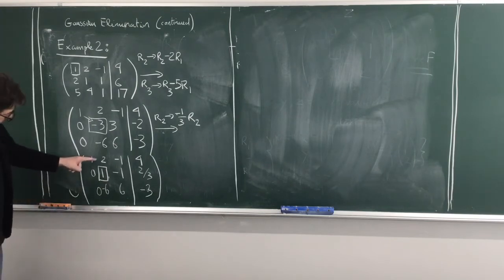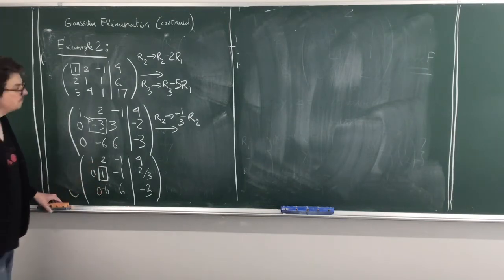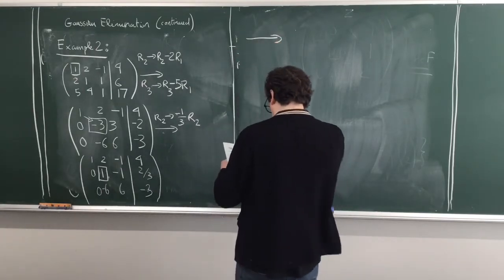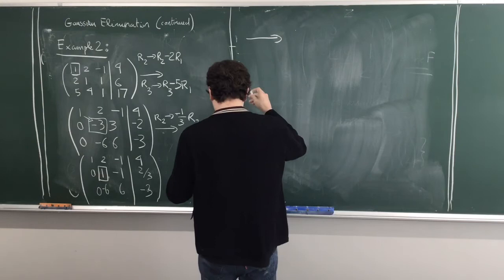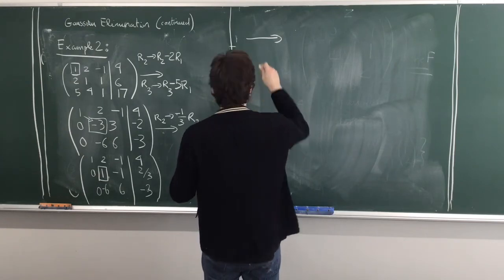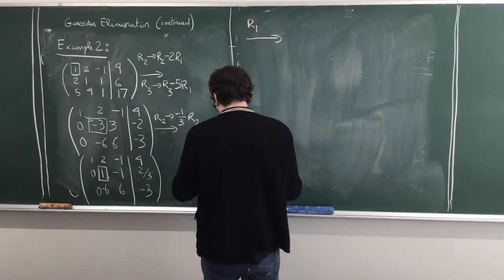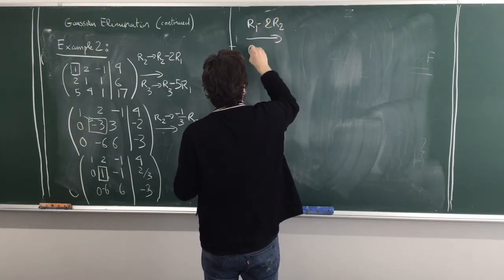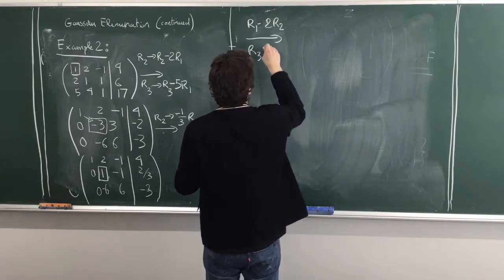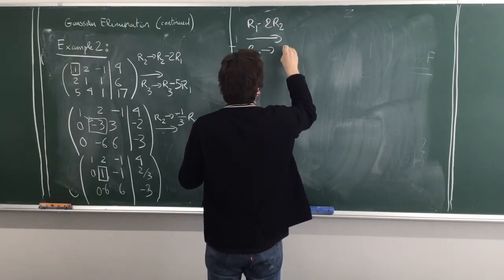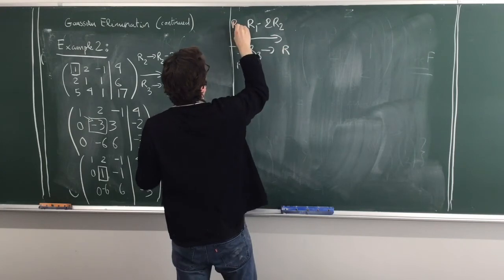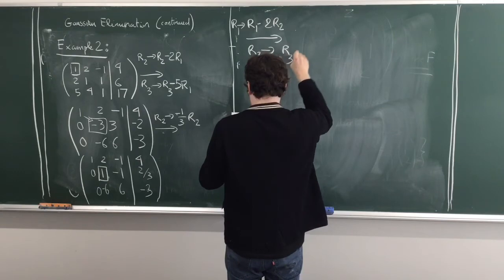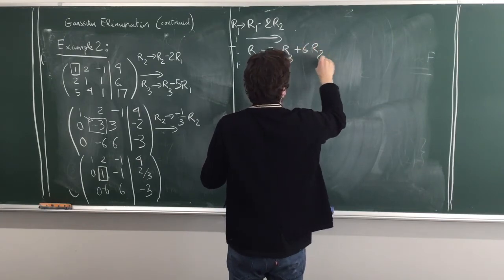And again, we are going to eliminate this entry and these entries. So here I will modify row 3, and also row 1. Row 1 will be row 1 minus 2 row 2, and row 3 will be row 3 plus 6 row 2.